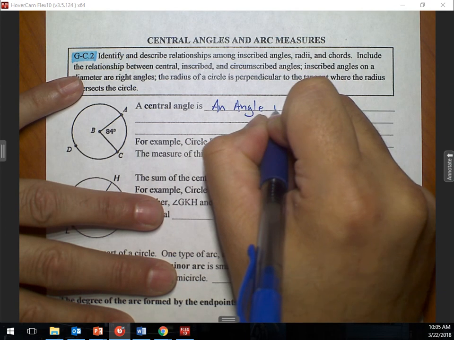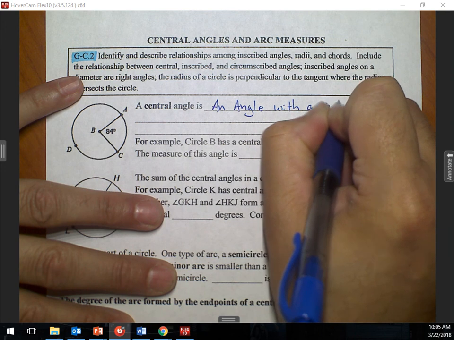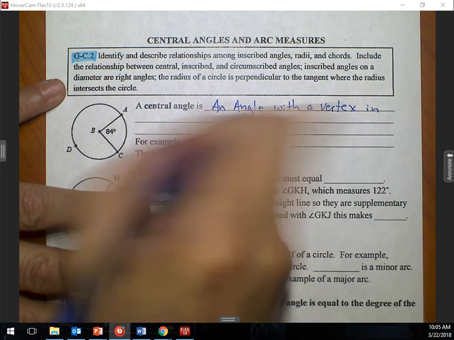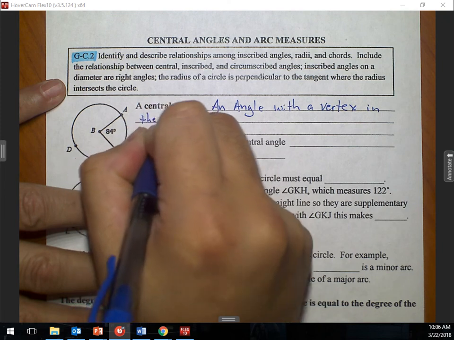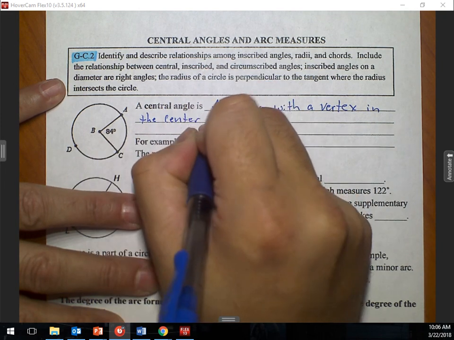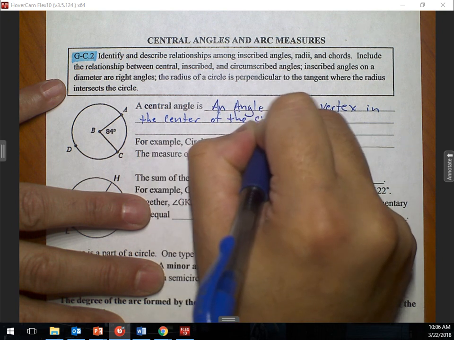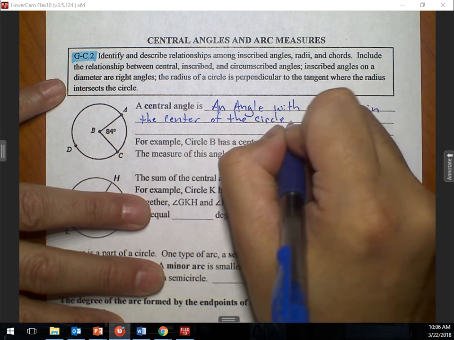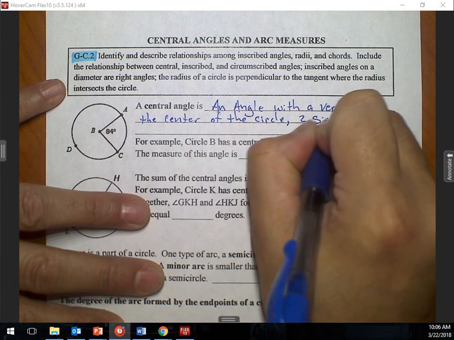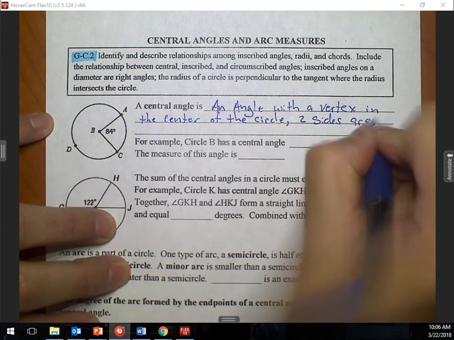with a vertex in the center of the circle and two sides that are radii.